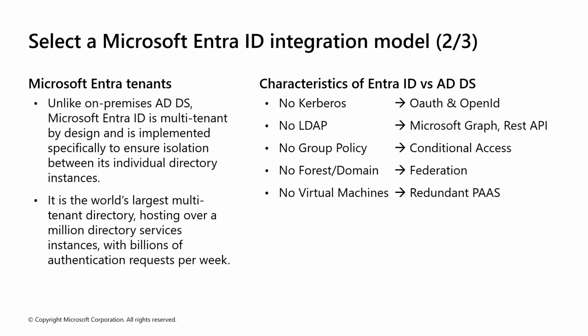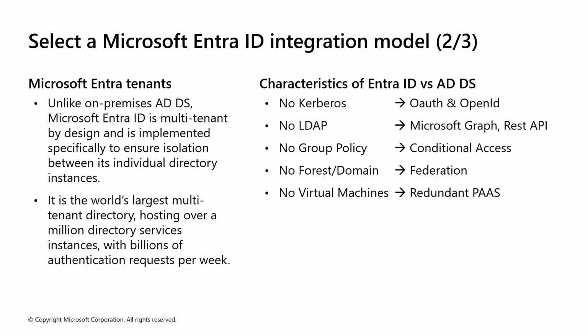Microsoft Entra ID is multi-tenant by design, ensuring isolation between directory instances. Each Entra tenant is a secure boundary and container for users, groups, and applications. You can create multiple tenants for testing or different business needs, and associate them with Azure subscriptions.